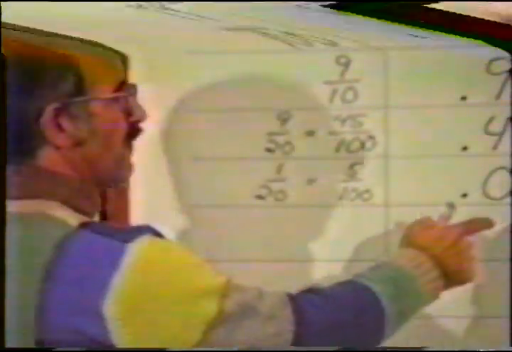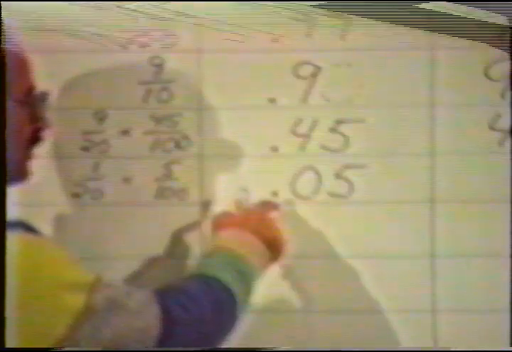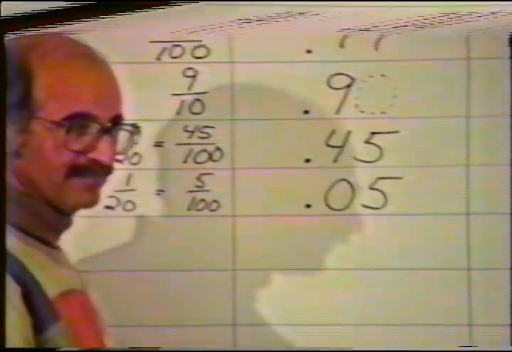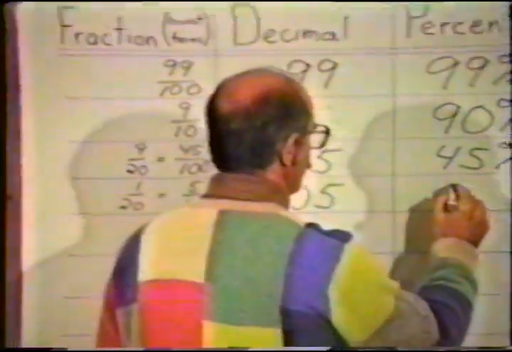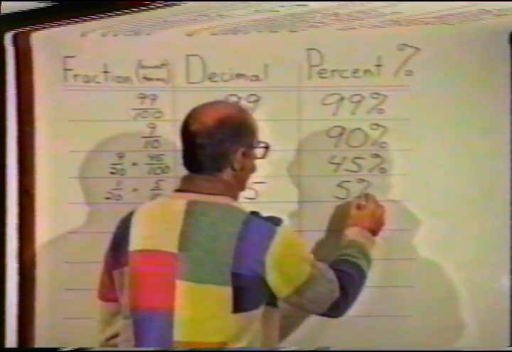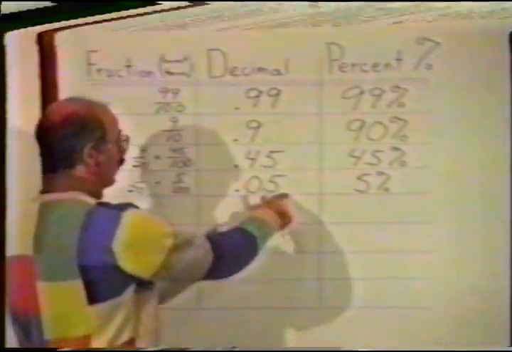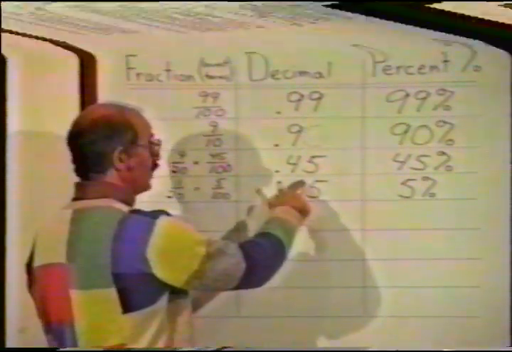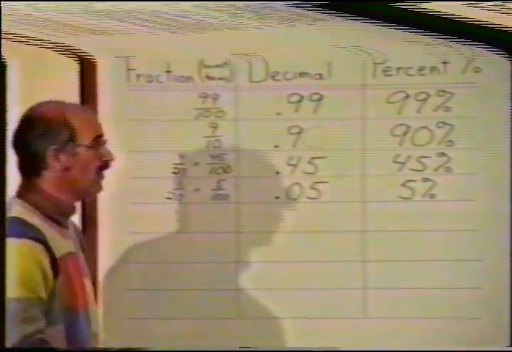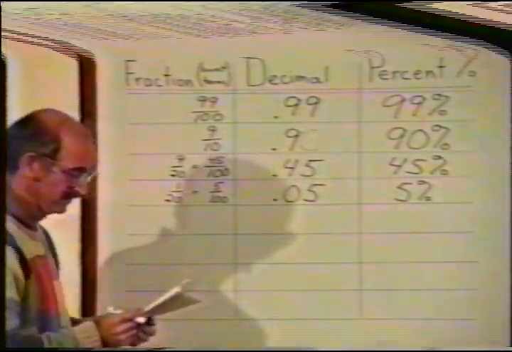To change 5 hundredths into a percent, we move it 2 places to the right and add a percent sign. And we get 5%. When we move it 2 places to the right, we get the number 5, and we no longer need the 0 that we had in this tenths place.